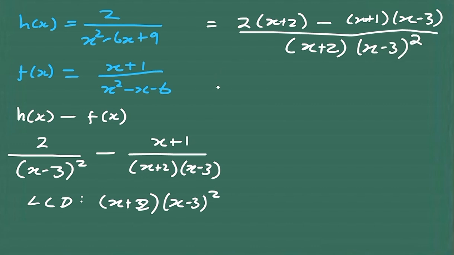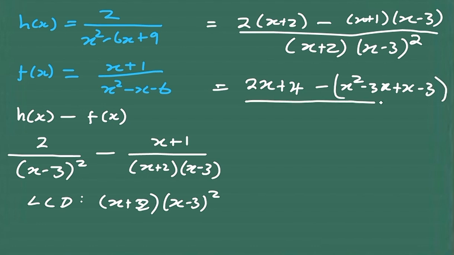So here we expand the numerator. We are going to have 2x plus 4 minus, expanding this bracket, x times x will give us x squared, x times minus 3 will be minus 3x, 1 times x will give us positive x, and 1 times minus 3 will give us minus 3.